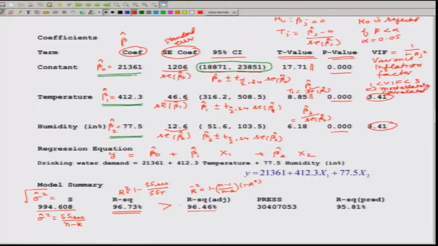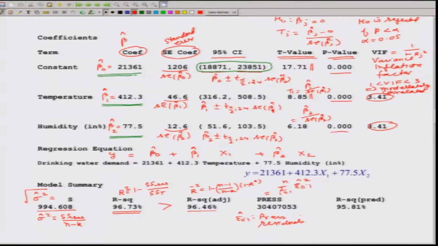Okay. The next here is PRESS. The PRESS was the statistic that was given by the sum over i from 1 to n of epsilon i hat whole square. You may recall that these epsilon i hats were PRESS residuals, that means the difference between yi and yi hat, which is obtained after deleting the ith observation.